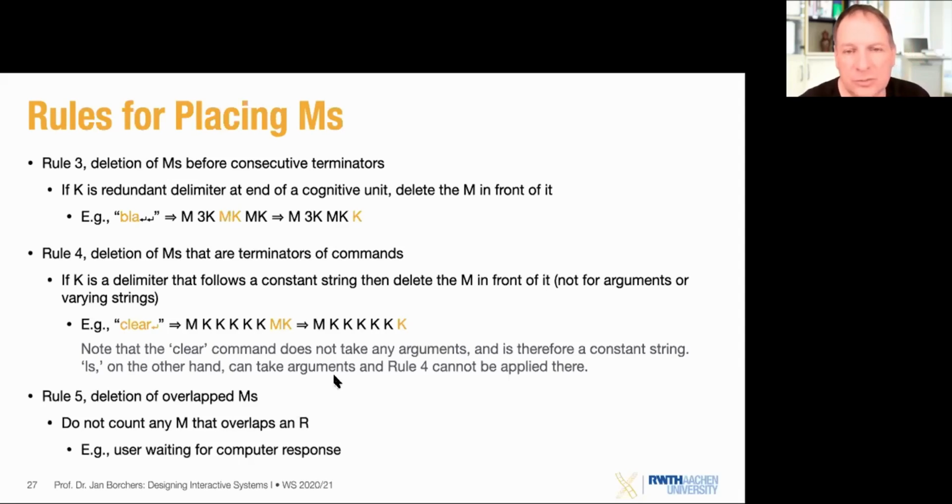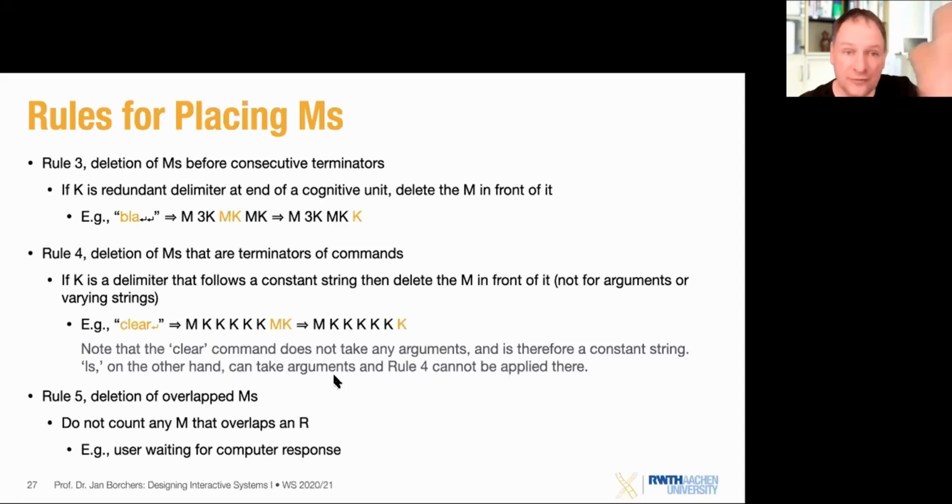Finally, we remove any overlapping M. So if there is a mental preparation operator that is happening while the system is busy, then we don't need to count that time twice, obviously, right? We've got a clear case of parallelism there. If there is a mental preparation that I can already do while the system is doing something else, then I can do that.